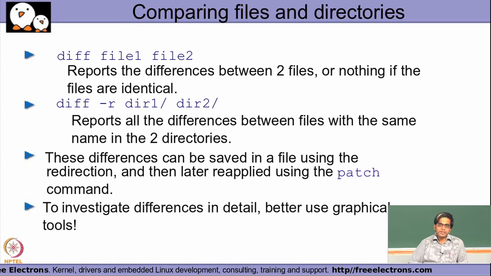That is again a very powerful option to the diff command, which is commonly used whenever you deal with very large source code files which require frequent updates as patches to the individual code files.